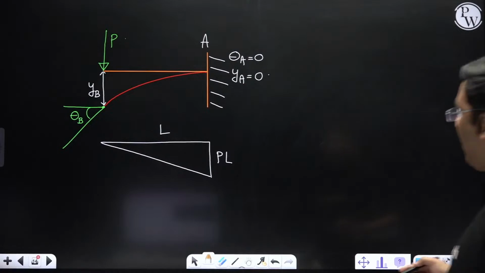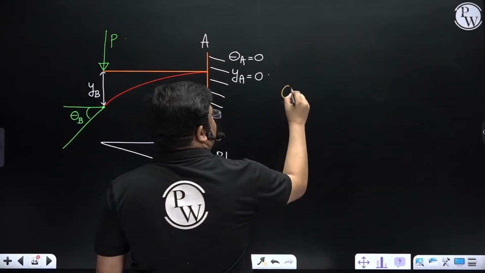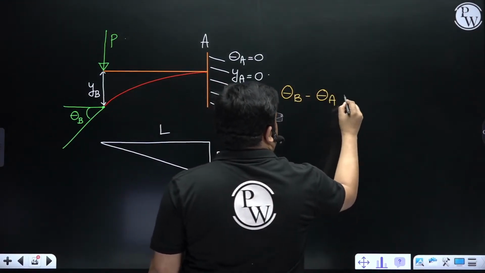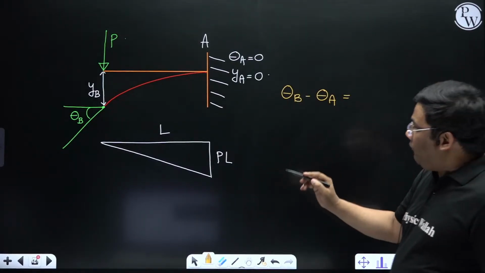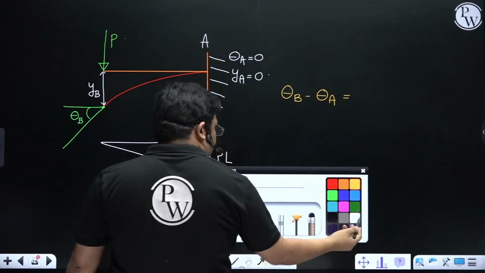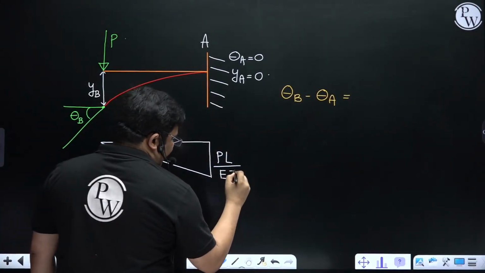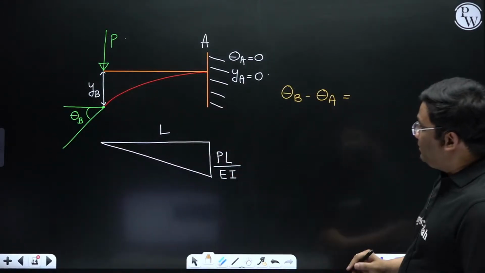Yes. So now when I find out the difference of slope, theta B minus theta A, is equal to what? That is the area of the M by EI diagram. So if I take the M by EI diagram, I will make this PL by EI. What is the area of this? This is a triangle.